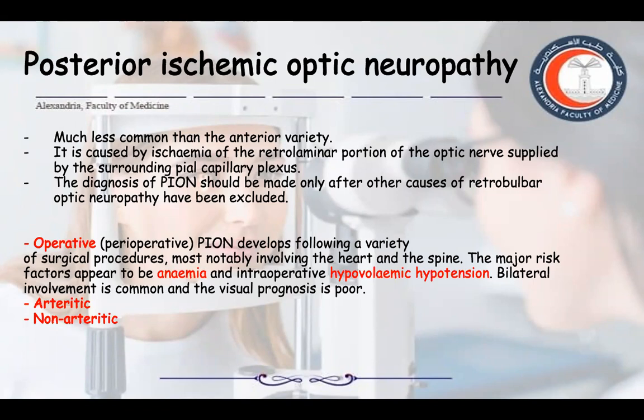He lost his vision for life. What is this? This is posterior ischemic optic neuropathy. What happened is the surgeons asked the anesthesia for a bloodless field, so they reduced the perfusion to the optic nerve. This caused posterior ischemic optic neuropathy, and the patient lost his vision. Very rare, but can happen.